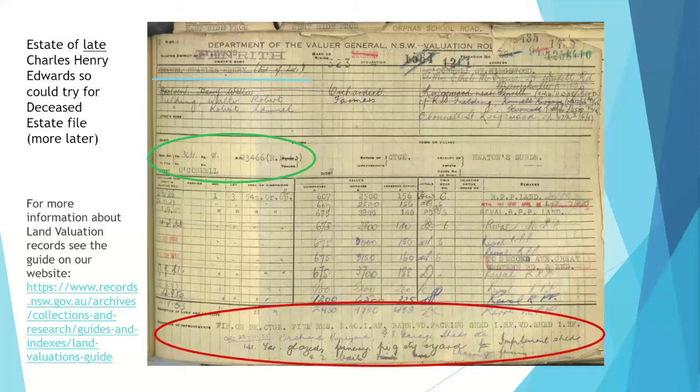WIB, which I think is going to be wood, or it might be weatherboard, on brick cottage, 5 rooms, kitchen and outhouse, so at least this place has got a toilet. I'm a bit worried about those other 2 houses. An iron roof, a barn, wooden packing shed, iron roof, wooden shed, iron roof.